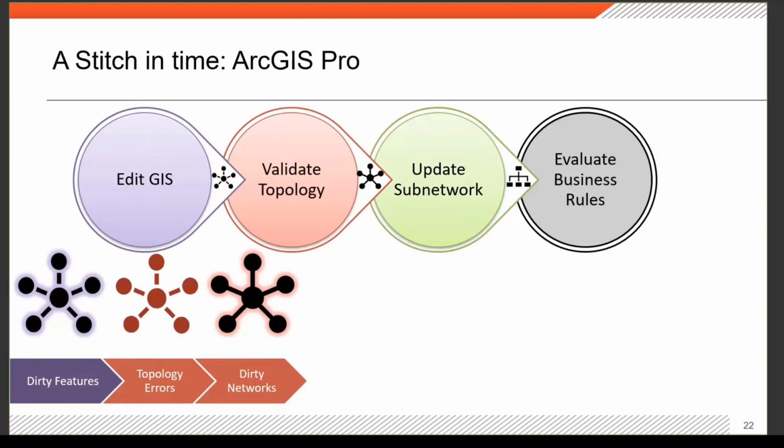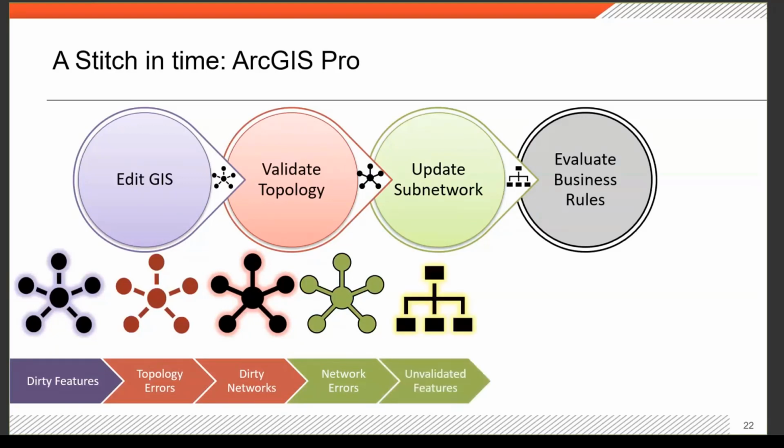So I run the update subnetwork tool, and if I've violated one of those constraints, it will again create errors for me immediately in the application. These errors are in the map, and they're persisted in the database, timestamped. If I leave the application and come back, they're still going to be there waiting for me because I have to fix them. Once I fix them, I'm going to have a clean bill of health on that circuit, and that circuit will indicate to me that it is no longer dirty, that it is ready to be analyzed and exported.